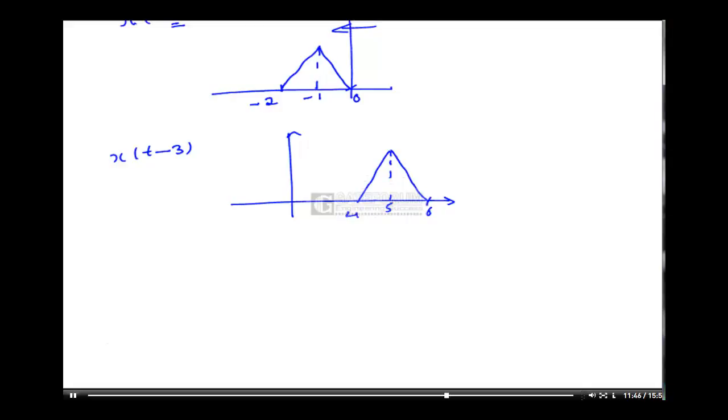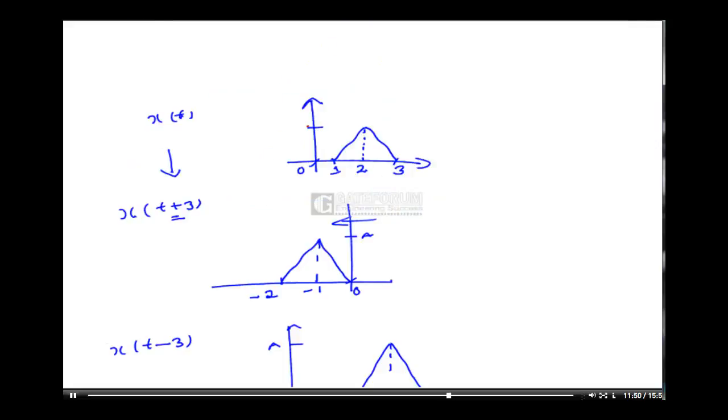Okay. Amplitude will not change. Amplitude here A, amplitude here A, amplitude here A. Amplitude will not change, but the shifting operation will shift the signal to the right hand side or to the left hand side.